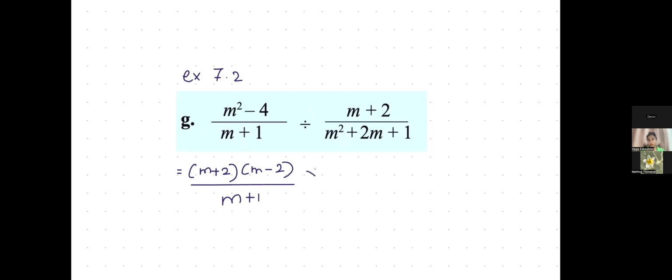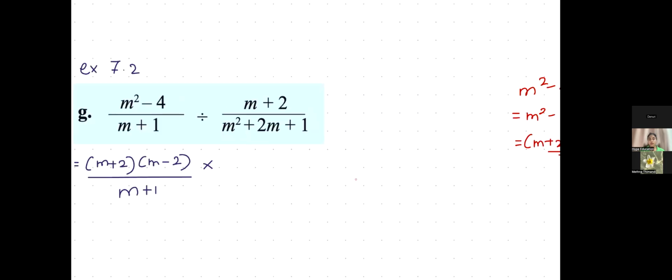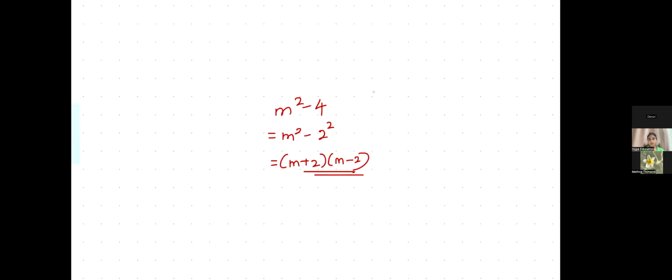Now this one becomes the reciprocal. Then in the denominator we have m squared plus 2m plus 1, right? m squared plus 2m plus 1. That would be m plus 1 squared, right?